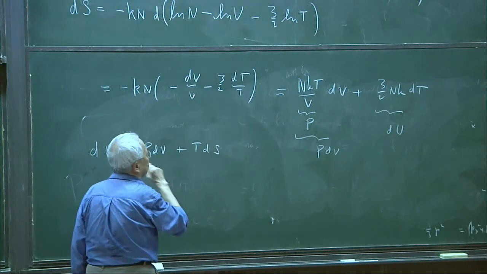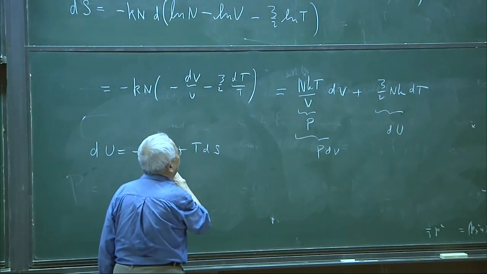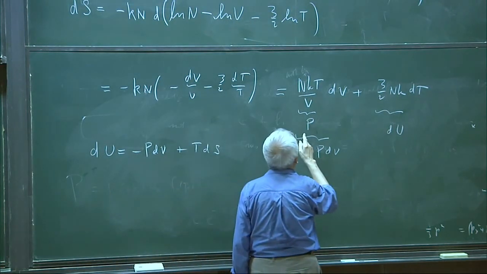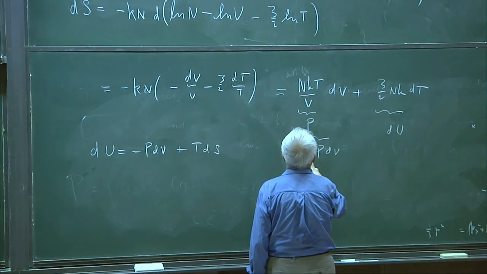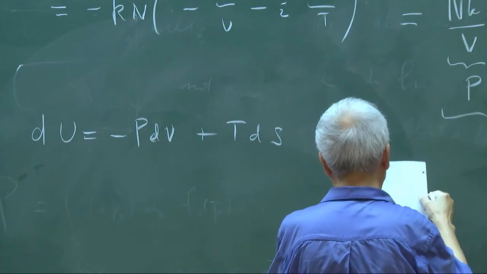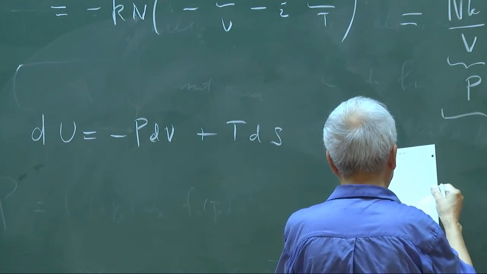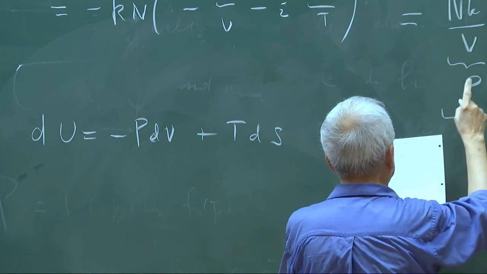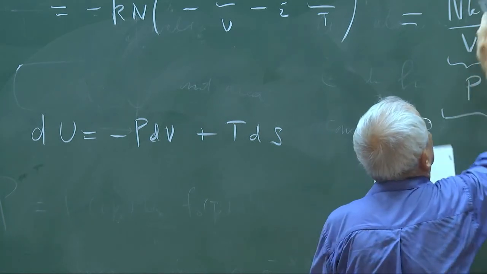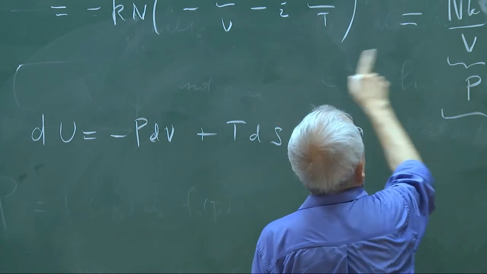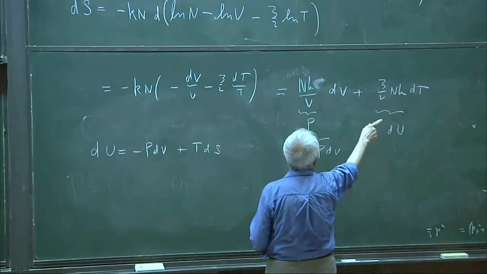You will multiply both sides by T. This T doesn't belong here, does it? Let me see. nk over V dV, yeah, this is equal to this.